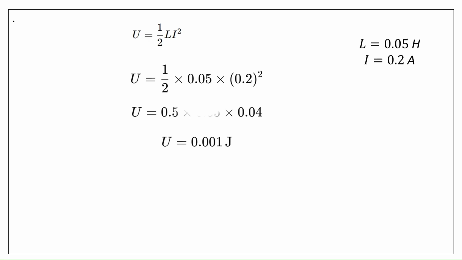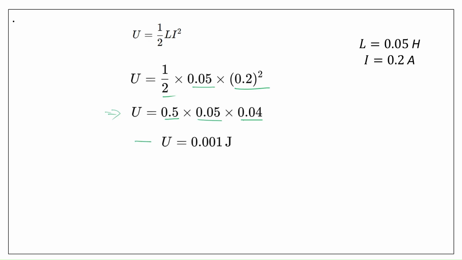Now, substitute the values in the above formula, we get U is equal to 1 by 2 into 0.05 into 0.2 square. That is, U is equal to 0.5 into 0.05 into 0.04.